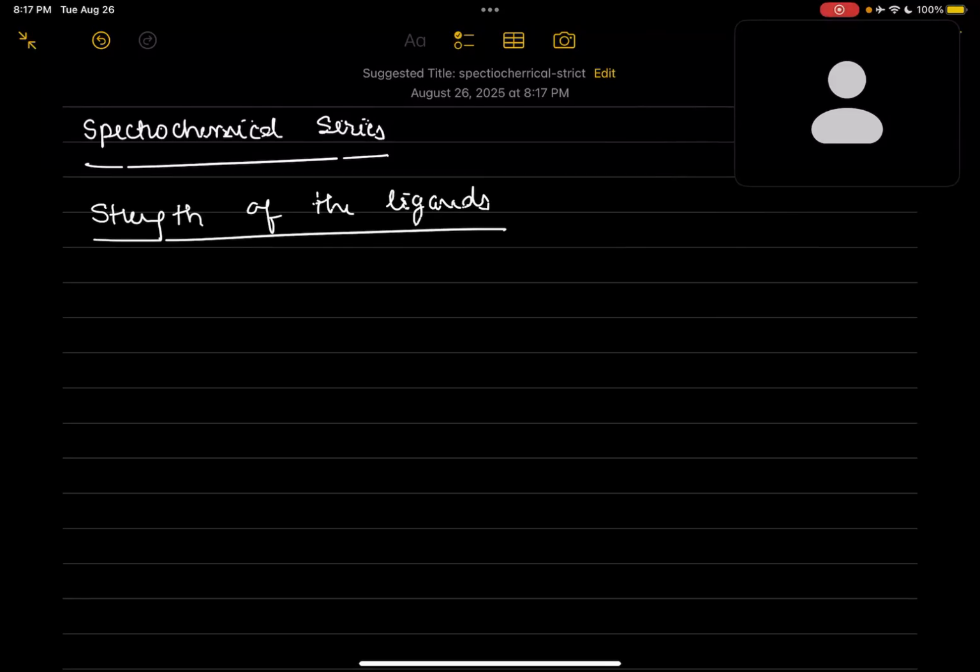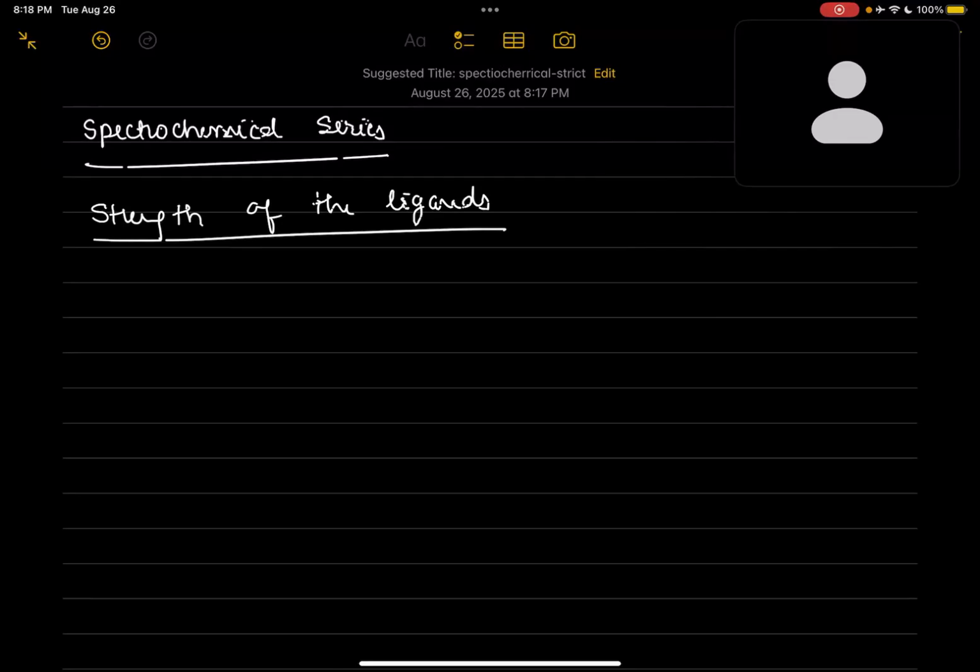So can you tell me what is the strength of the ligands? Any idea about the strength of the ligands and the spectrochemical series? So the highest is CN.